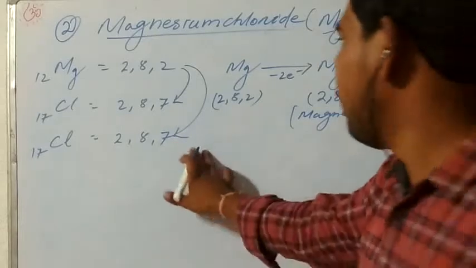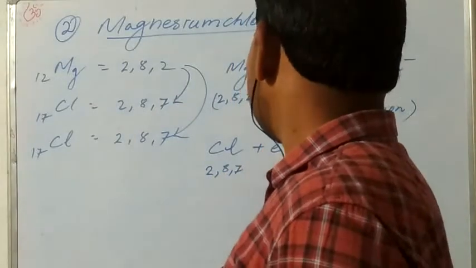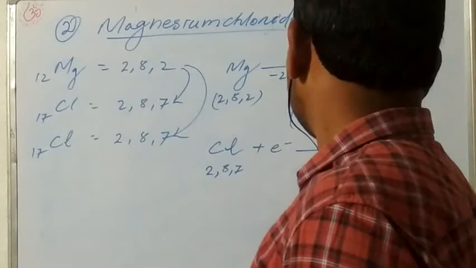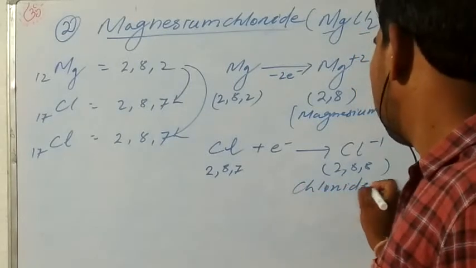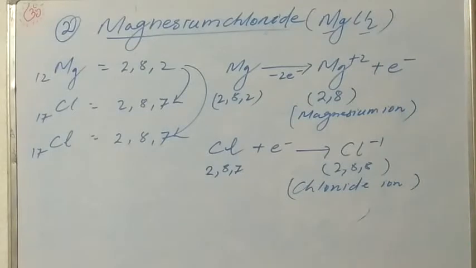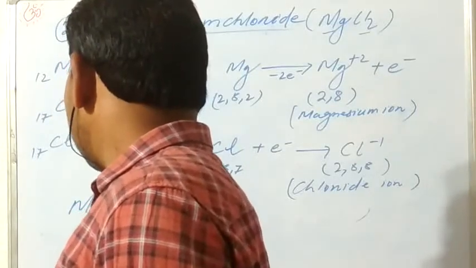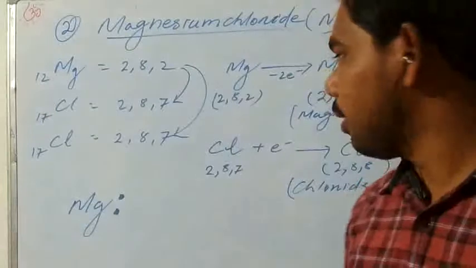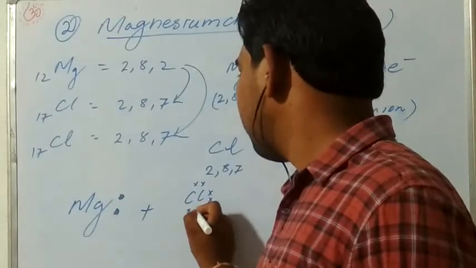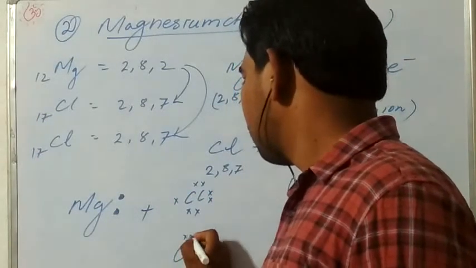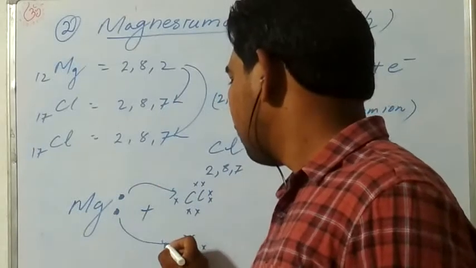And the chlorine 2, 8, 7 gains an electron and forms chloride ions. In these magnesium and chlorines, magnesium's outermost shell has 2 electrons, represented by dots, and the 2 chlorines' outer shell electrons are represented by crosses. 1 electron for this chlorine and 1 electron for this chlorine.